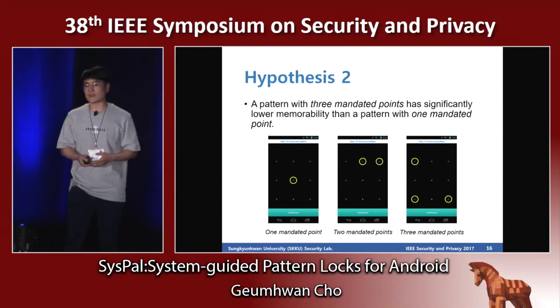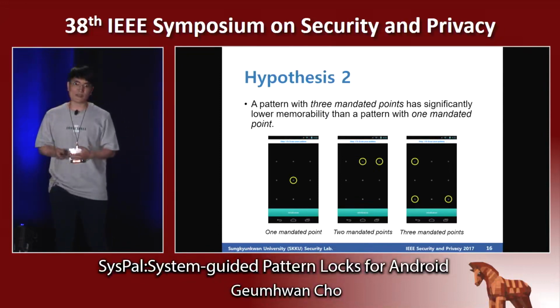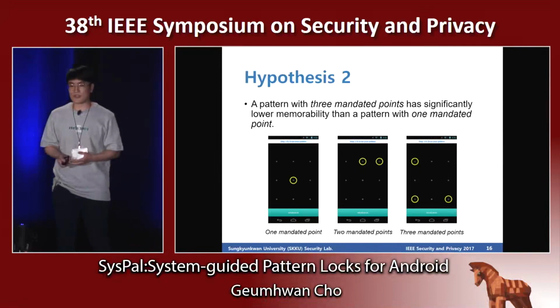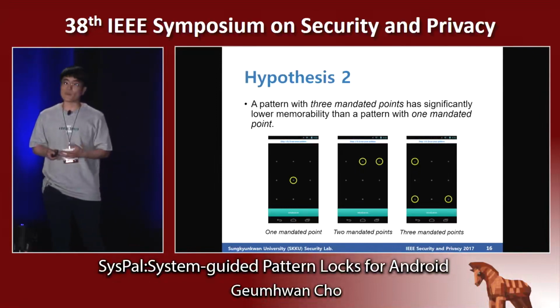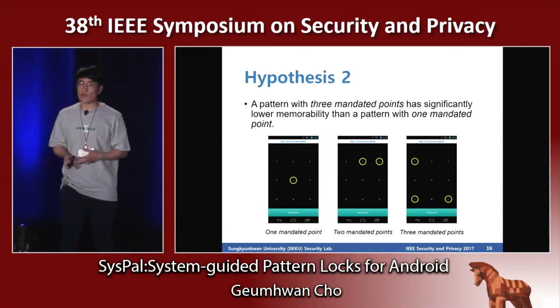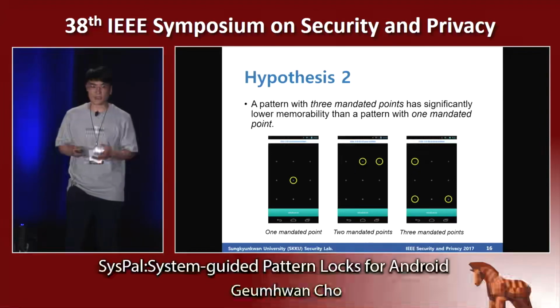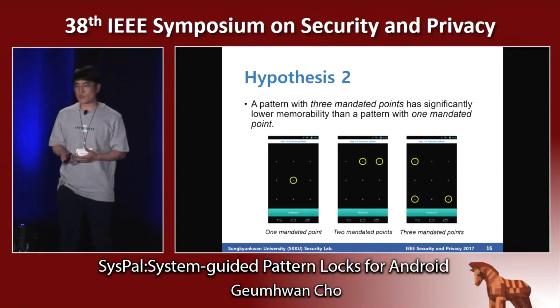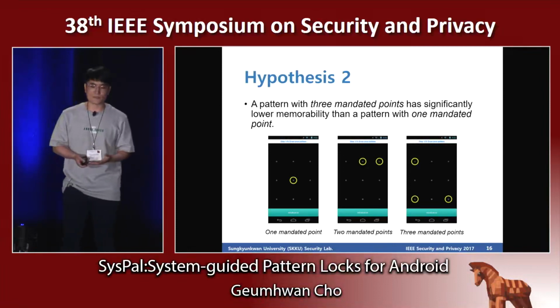And second, a pattern with 3 mandated points has significantly lower memorability than a pattern with 1 mandated point. Both hypotheses indicate that more mandated points improve the security but reduce the memorability.